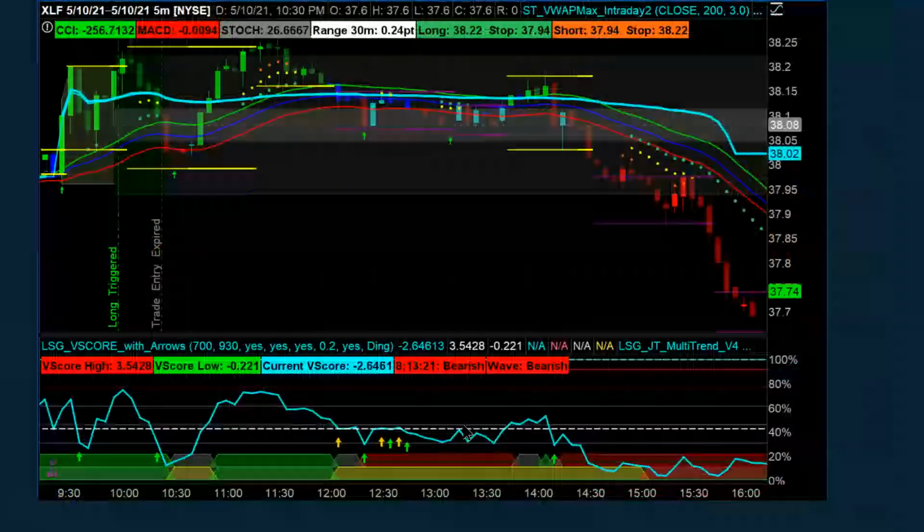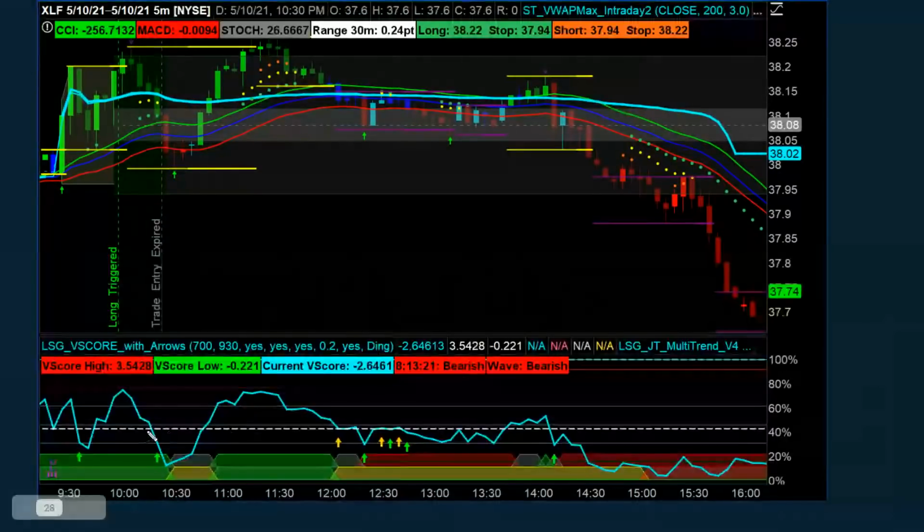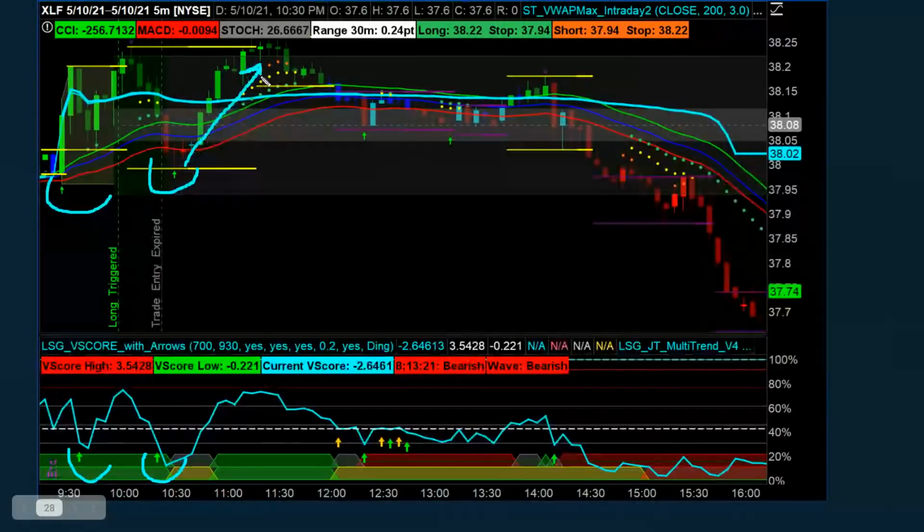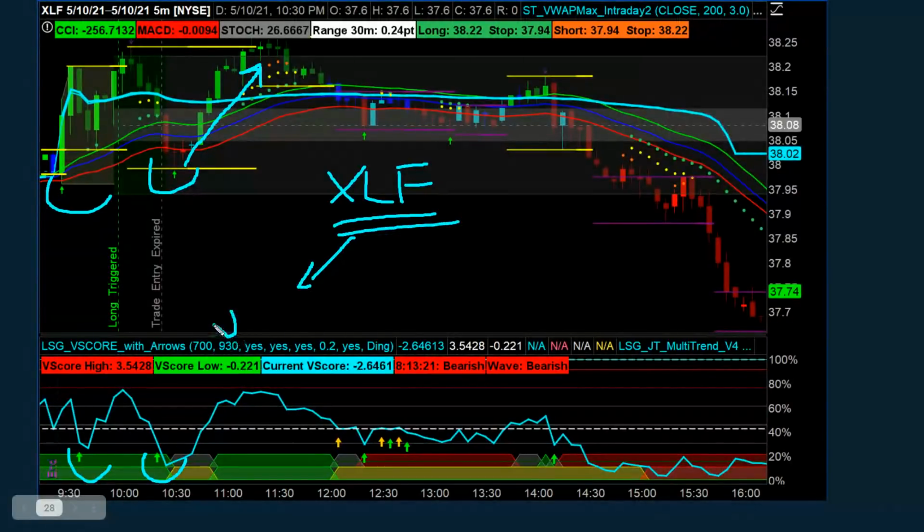All right, here's the XLF. Financials, heavily weighted within the S&P and the Dow for that matter. B-score, Darvas, just moves up to the top of the range. This is how you can day trade the options on the XLF. And by the way, what if you wanted to trade a certain stock like JP Morgan or Bank of America that day?